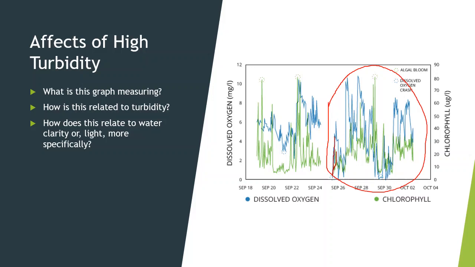As the chlorophyll increases here, so too does this dissolved oxygen here and here, right? So that's really what you're looking for. What are the highs? What are the lows? Does the other parameter follow that, or does it lead it? Does it tend to happen all at the same time, right?